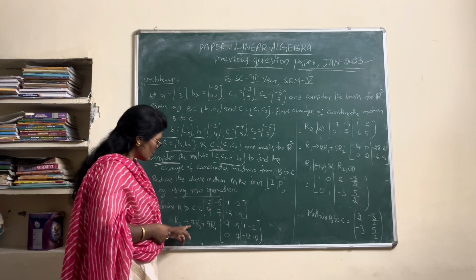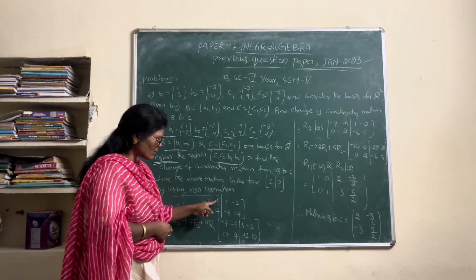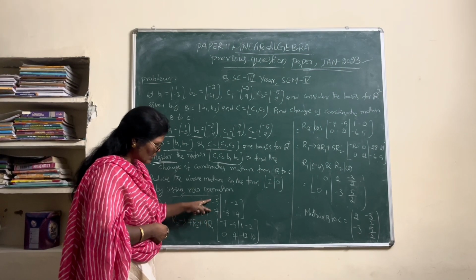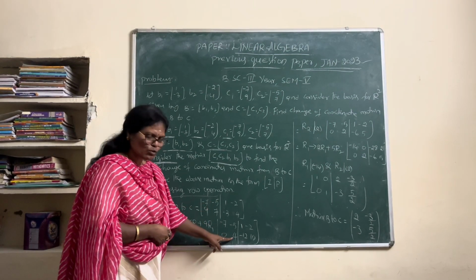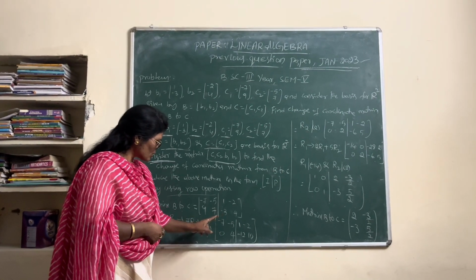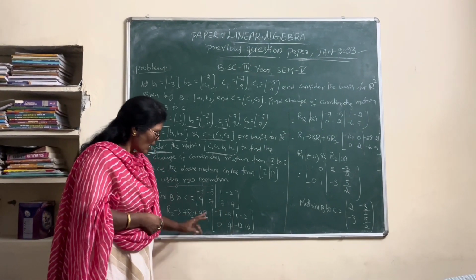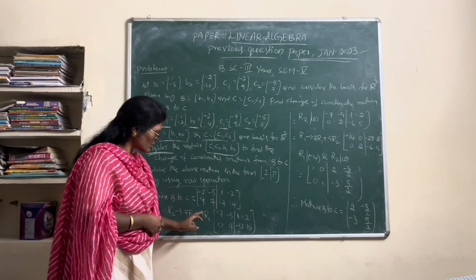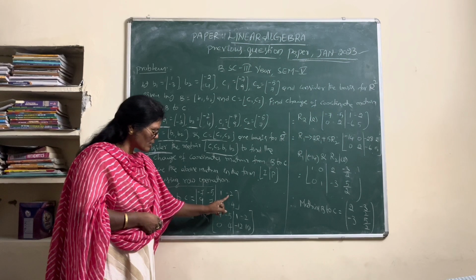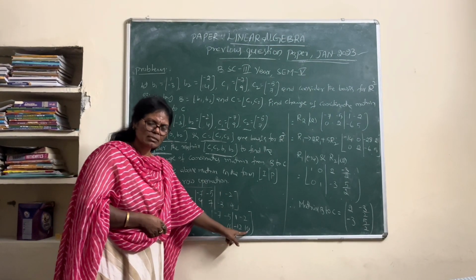And 7 7s are 49, 9 5s are 45, minus 45 plus 49 we should get 4. And 7 3s are 21, minus 21 plus 9 is minus 12, and 7 4s are 28 plus 9 2s are 18, minus 18. 28 minus 18 is 10.